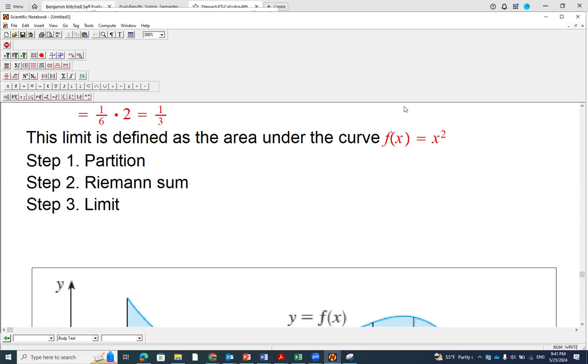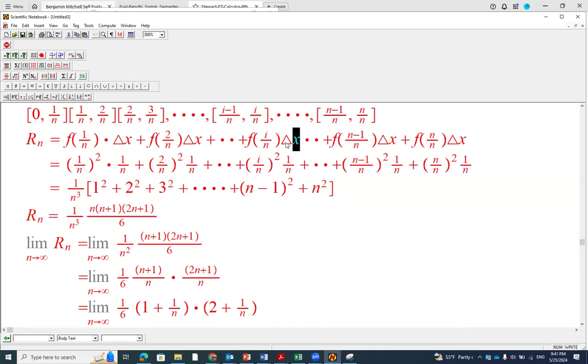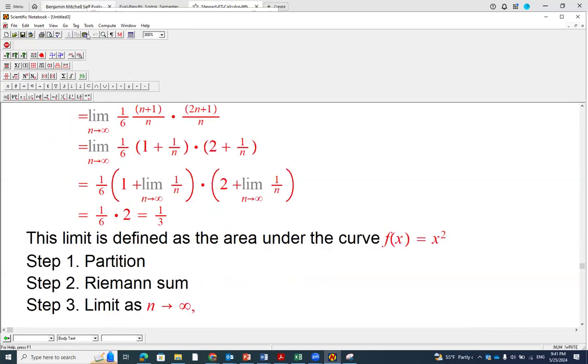The limit can be taken as n approaches infinity, or sometimes we also take the limit as delta x approaches 0. Same thing, because delta x and n have a relationship.